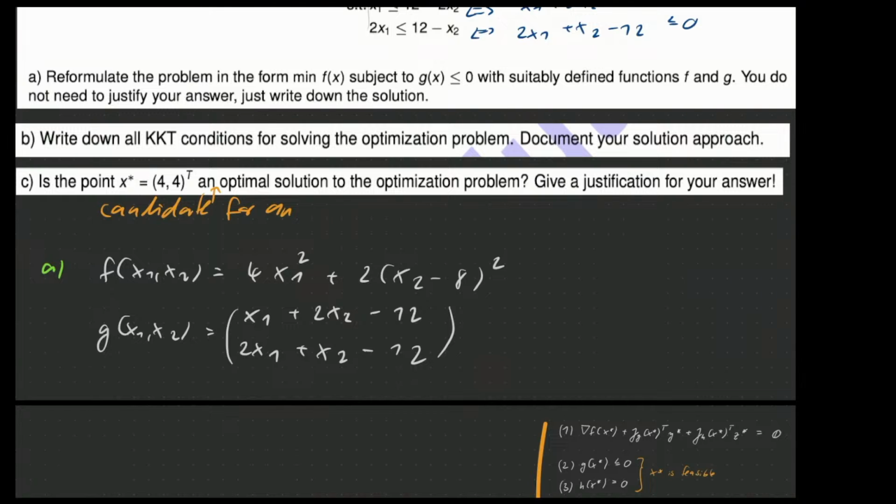All right, for the KKT conditions in part B, we need the gradient and the Jacobian, so let's compute those right away. The gradient of f, that would be, let's see, 8x1 and 4x2 minus 8.